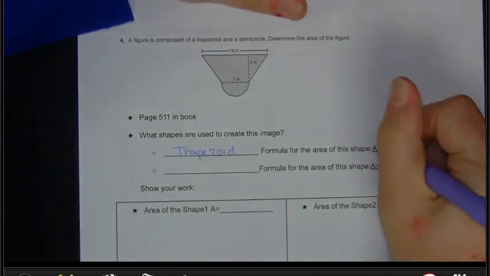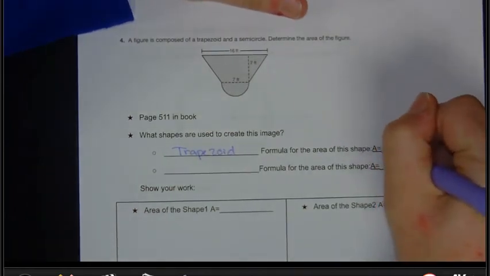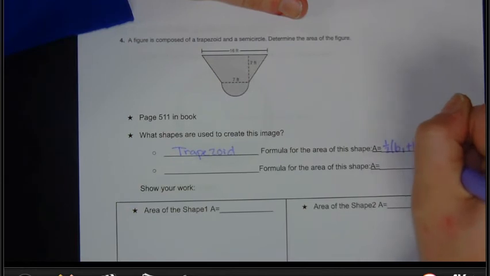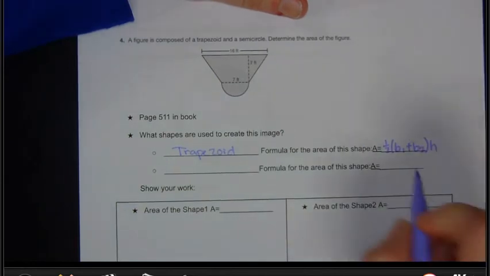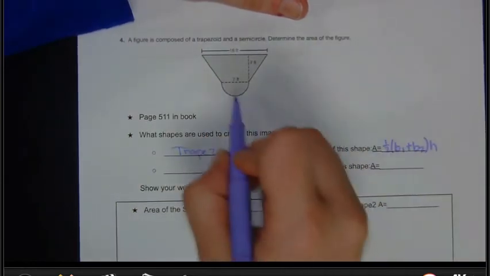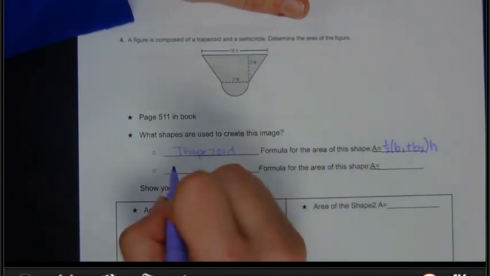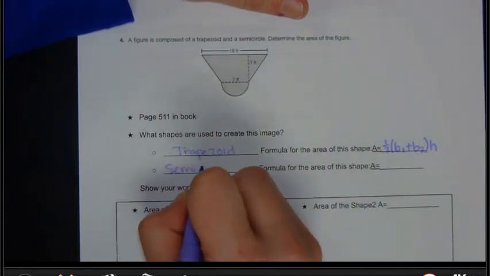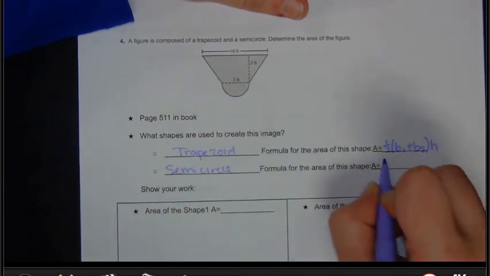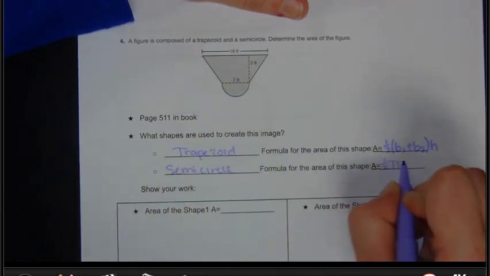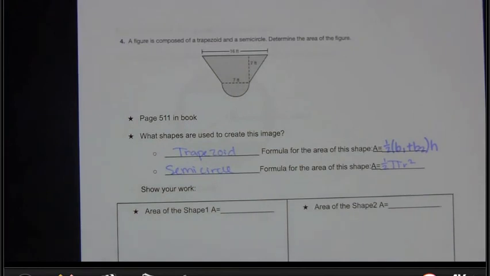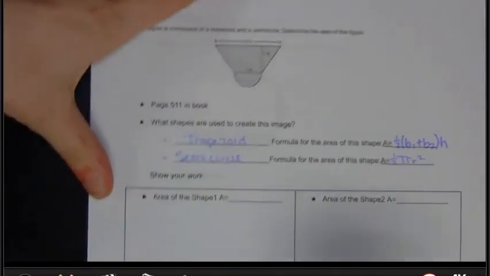I know my formula for a trapezoid is 1/2 times (B1 plus B2) times the height. B1 is my first base, B2 is my second base, and then there is my height. The second one is a semicircle. What we learned from earlier is it is half the area of a normal circle, so 1/2 pi r squared.